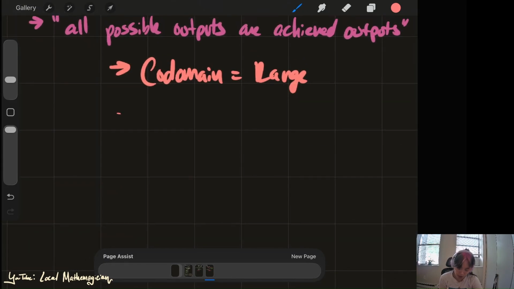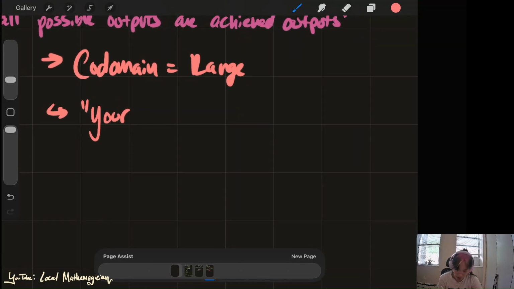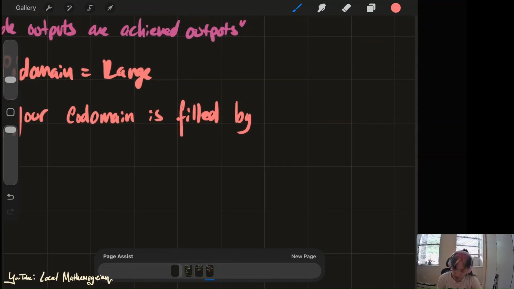Or another way to say it is your codomain is filled by your domain.